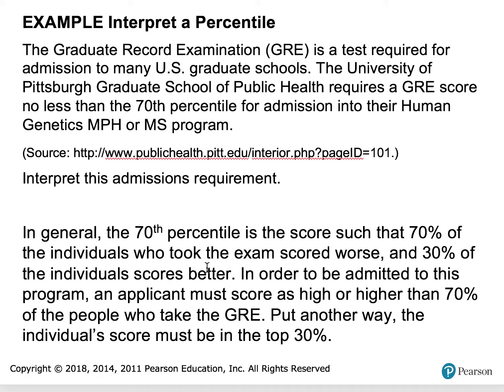Now, it really doesn't make sense to talk about percentiles other than quartiles for small data sets, because think about this, if you only had 40 observations, how could you divide it into 100 parts? So when the data sets are large, it makes more sense to determine percentiles using a model, such as the normal model.